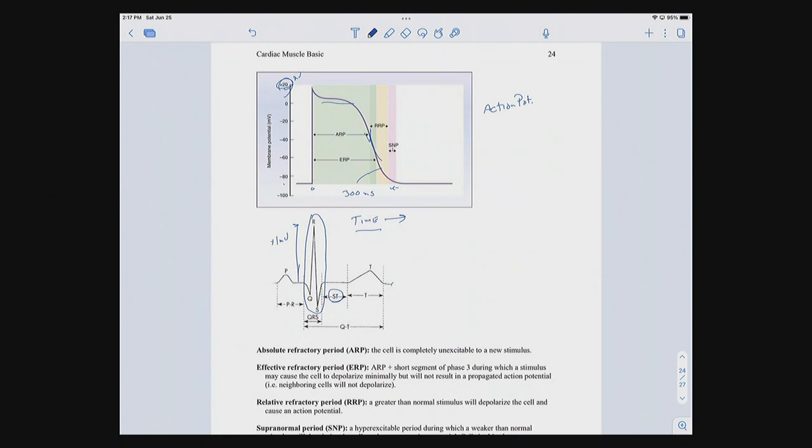Now, another thing that I want to point out with this cartoon up here is that you will recall that when we looked at action potentials for skeletal muscle or for neurons, we had a refractory period. And again, this goes back to the voltage-sensitive sodium channels. Remember, it's a two-gated channel, H gate, M gate.